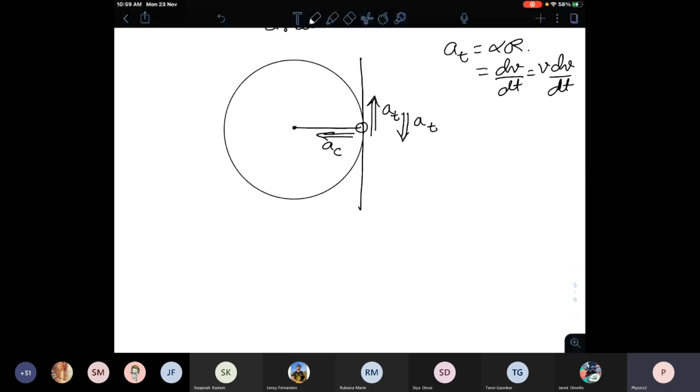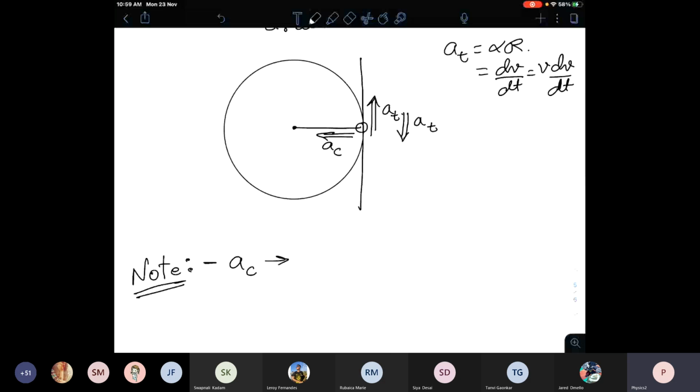So you can write a note on what is the work of centripetal acceleration and what is the work of tangential acceleration. Let's first write a note about centripetal acceleration. What is the work of this acceleration?